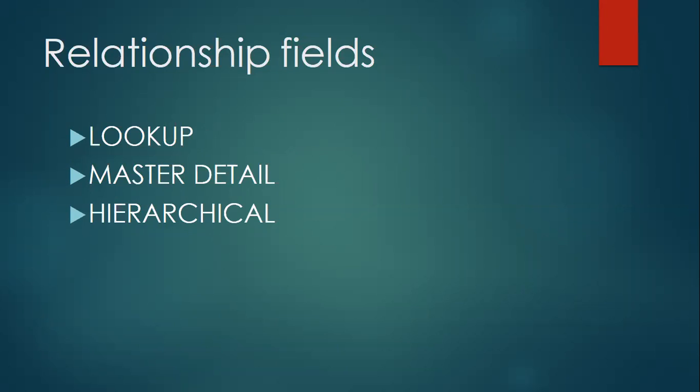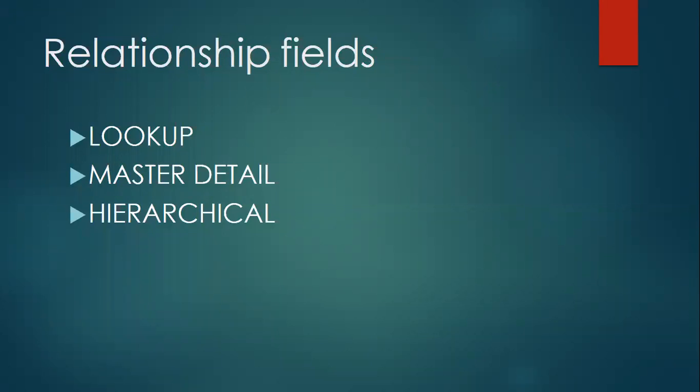Let's take a look at the next point. In the lookup relationship, the master record is independent and the child record is also independent, so if you delete the master, the child will not be deleted.